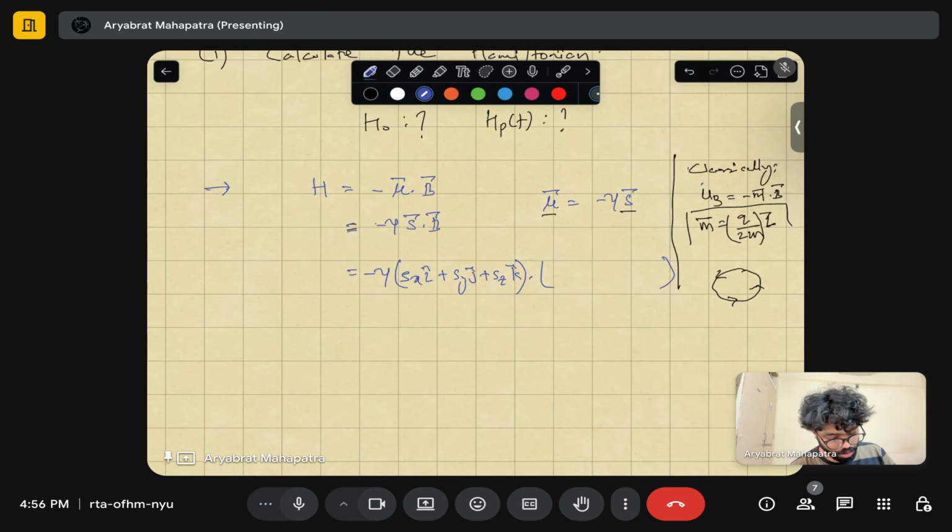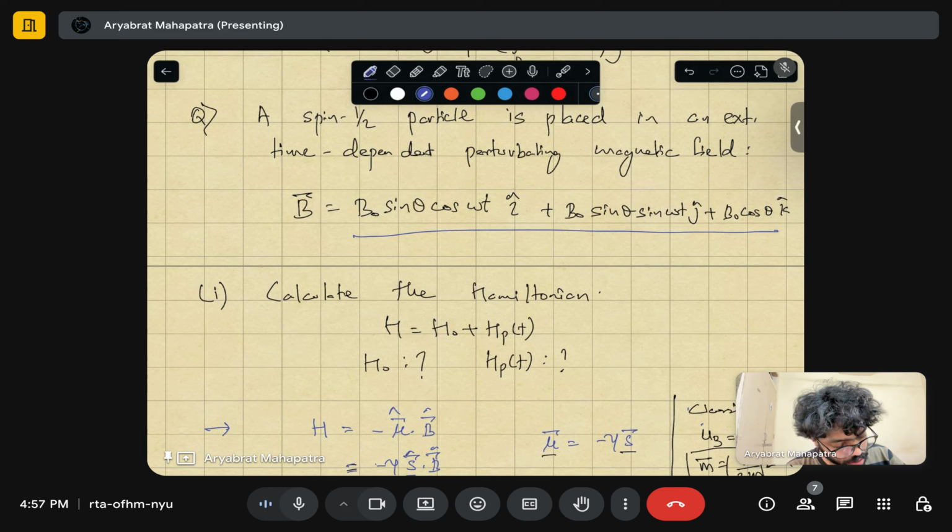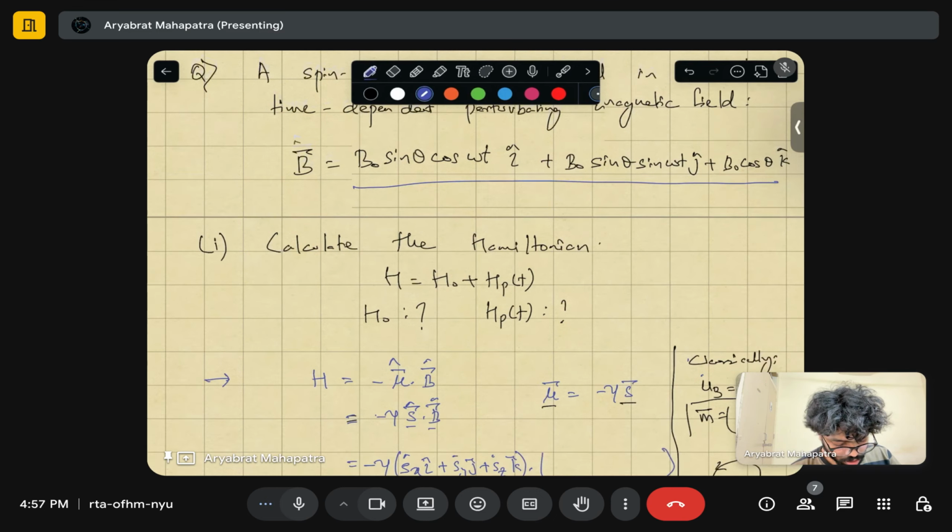Remember, in quantum mechanics, all these vectors which we are writing are operators. So this Sx is also an operator, and here also, this B naught sin theta cos omega t is also your magnetic field operator.